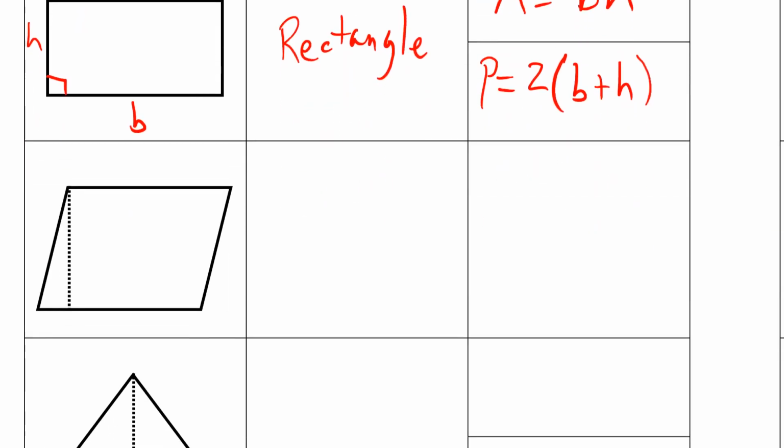Next polygon is going to be my parallelogram. Parallelogram, same as my rectangle, has a base and a height. Difference is my height is not this slanty thing. My height is straight up and down. So we talked about when you go to the doctor, they say to stand up nice and tall, straight up.